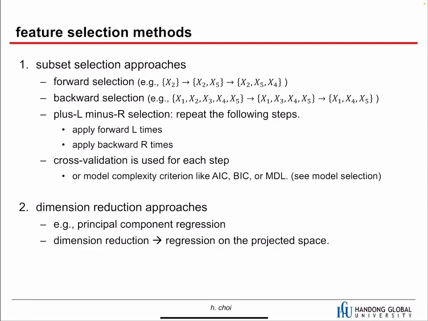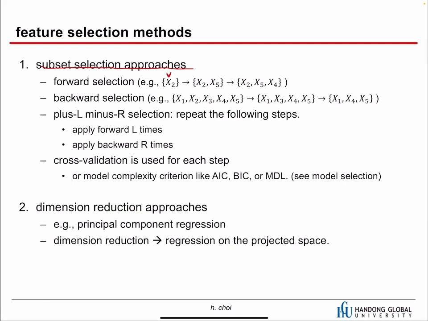First, subset selection approaches. So we can use forward selection and backward selection. Forward selection is simple. We can start with one feature. So we can try all the features, and we can evaluate all the features, and we can choose the best feature. Let's say in this case, x2 is the best feature.